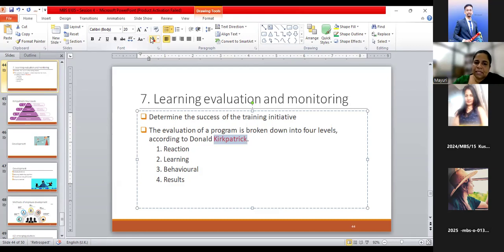Then behavioral level. Right? The third level is behavioral level. Whether there's a change in behavior. In our NRMA case, we checked whether the particular technician is having an adequate attention on the sequence, right?